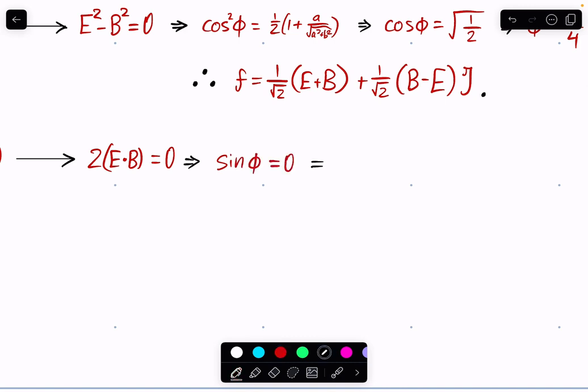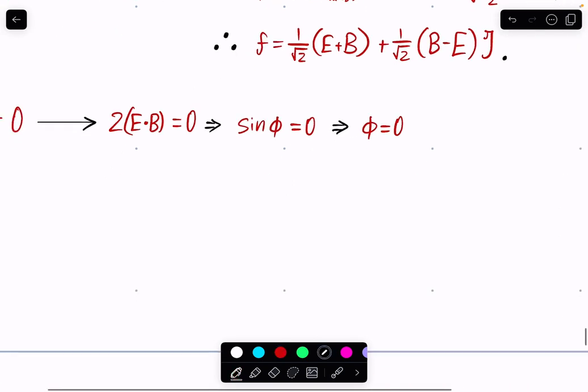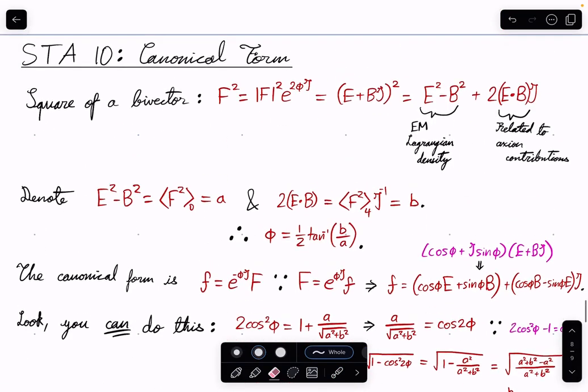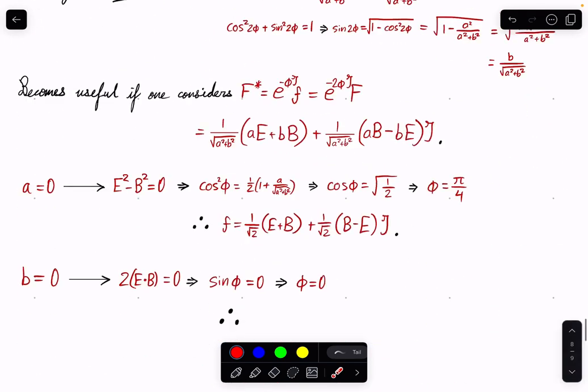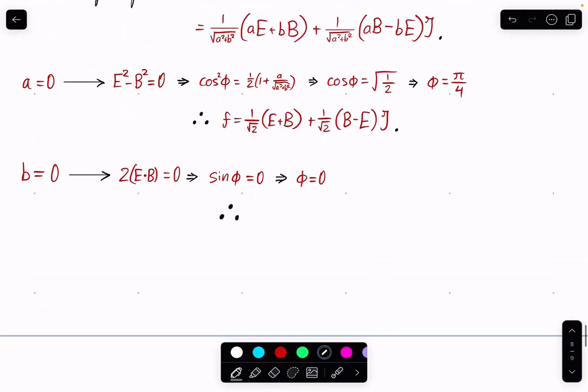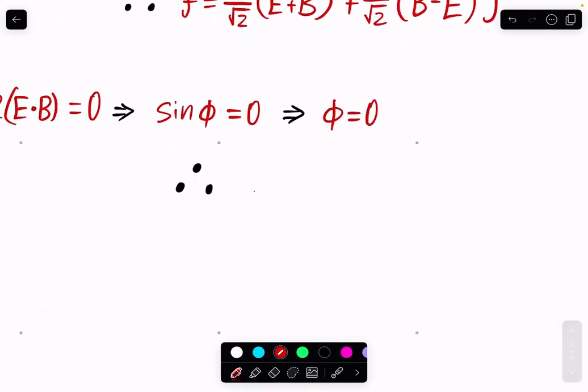And sine of phi equal to 0 implies that phi is equal to 0. So there's no phase. And if you insert phi equals 0 into the decomposition of the canonical bivector here, then you get f, the canonical, is just e plus bi.